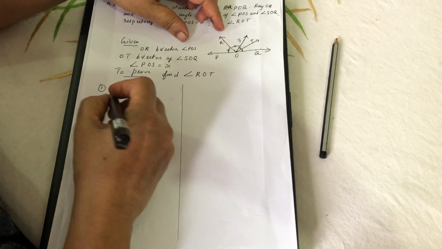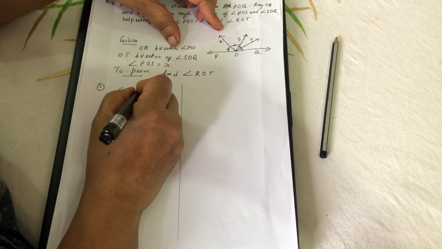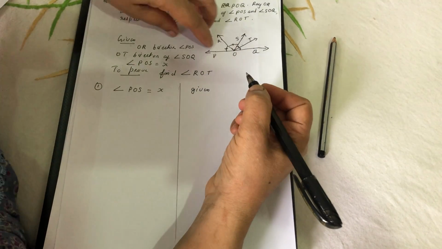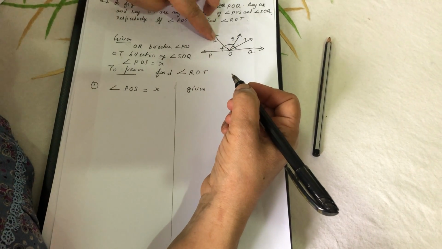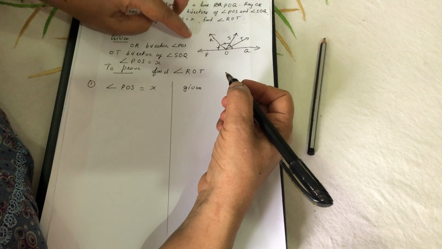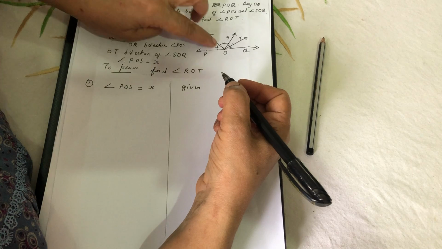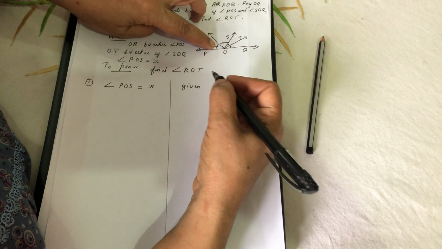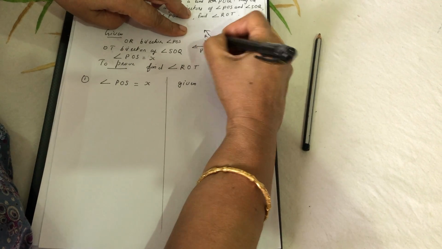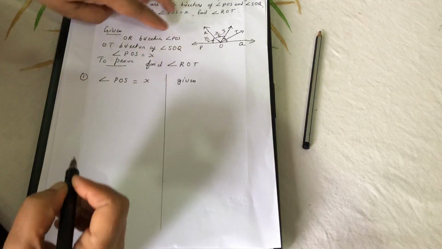First point, what is given? I am starting from what is given. POS is x. If POS is x and OR is the bisector, each of angle POR and angle ROS becomes x by 2. So here this is x by 2 and this is also x by 2.